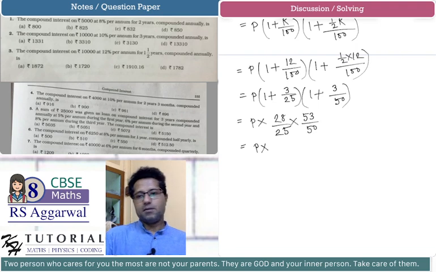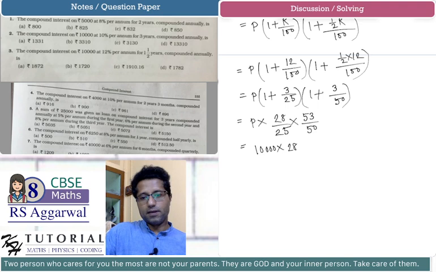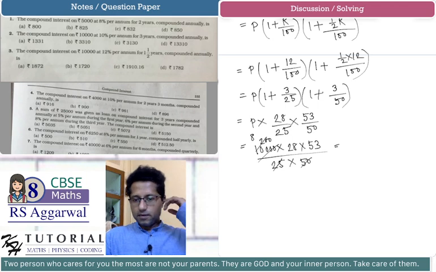Let's put the value of P and calculate the amount. P is 10,000 multiplied by 28 multiplied by 53 divided by 25 multiplied by 50. So 50 divides 10,000 with 200, and 25 divides 200 with 8. So this is equal to 8 into 28 into 53.